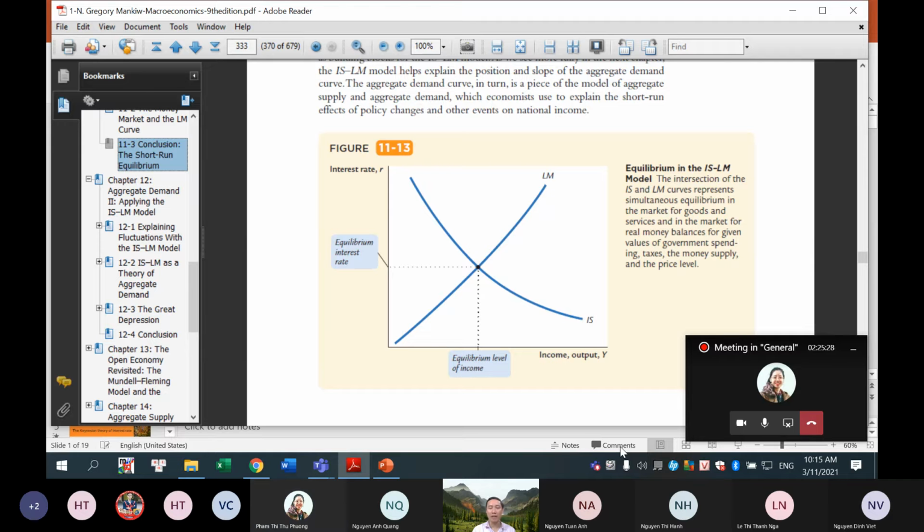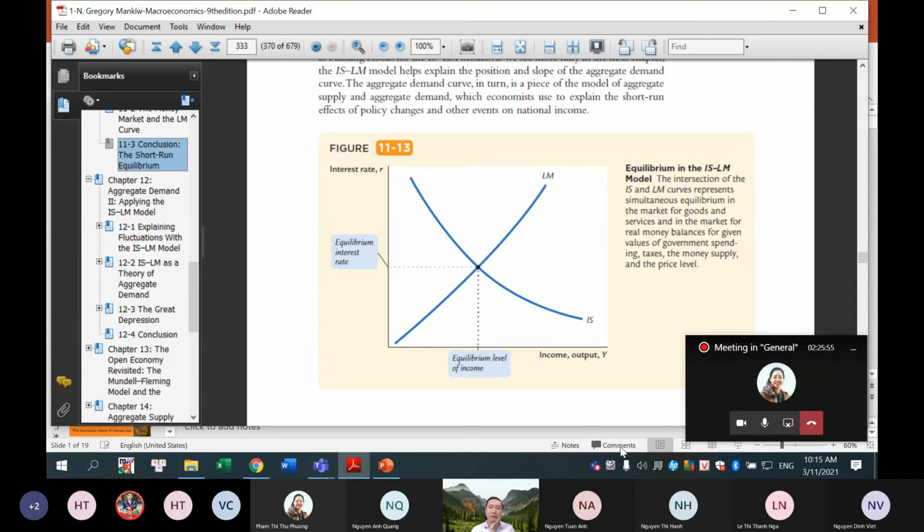Okay, that is one impact. Any other impact? And the consumption will decrease also. Okay. It means that which curve will be shifted? The IS. Okay, because we consume less, we invest less. That is one.